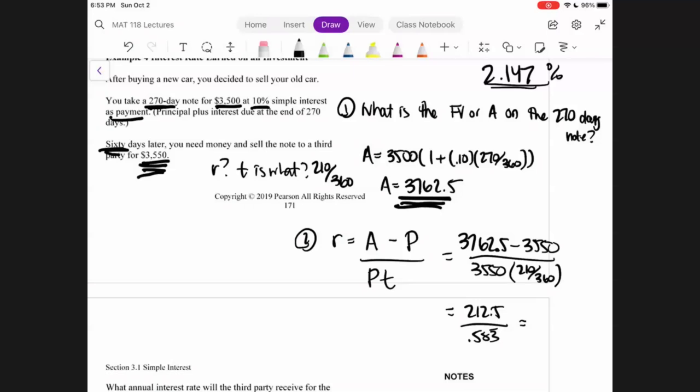Oh wait, the denominator is not that. Let me correct myself. I forgot to do the 3,550. So 3,550 times the 210 divided by 360. So my mistake there. So this would be 2,070.83. Now let's divide these two.